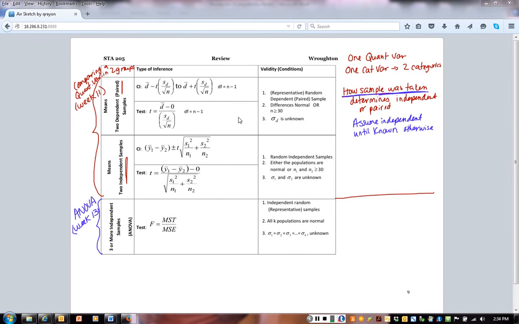Alright, how do you know that one? This is still one quantitative variable. It is also going to have one categorical variable, but now that categorical variable has 3 or more categories to it. So on one of your quizzes, you were asked to compare the 4 different types of positions on their batting average. So we had the batting average, which was quantitative.